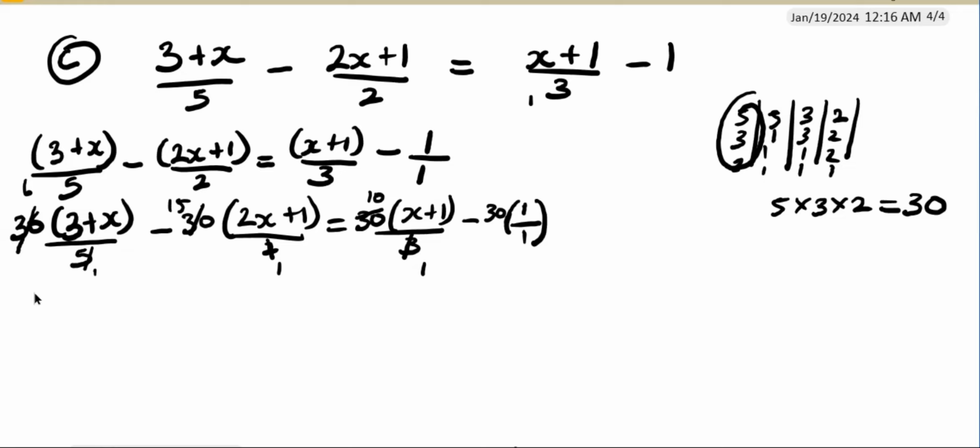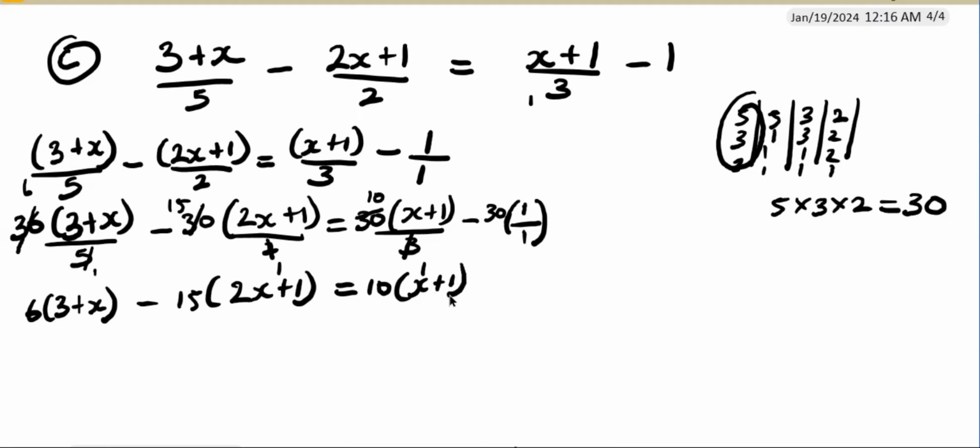So that will give me 6 into (3 + x) minus 15 into (2x + 1) equal to 10 into (x + 1) minus 30 into 1.